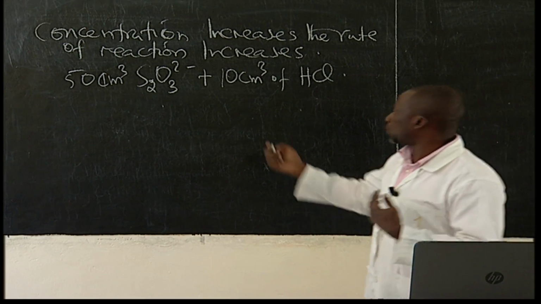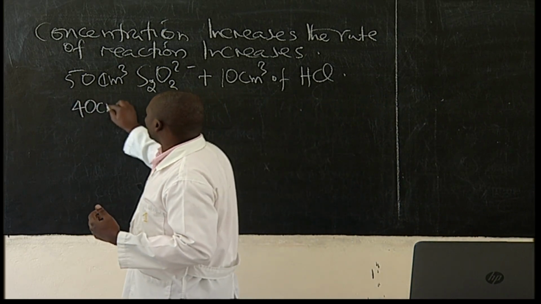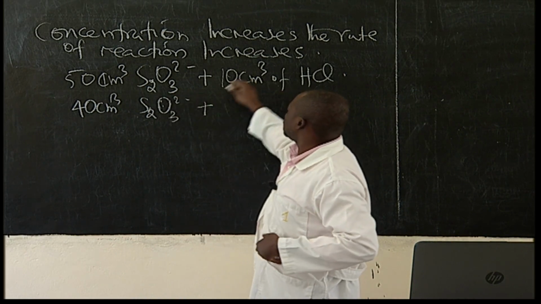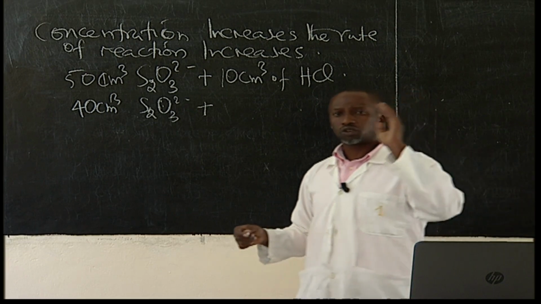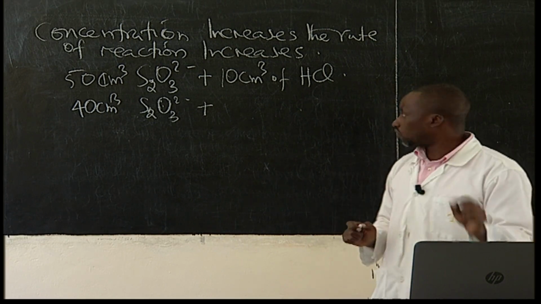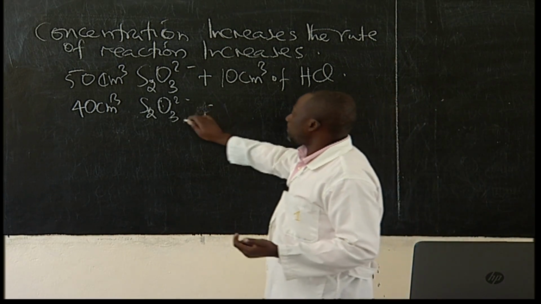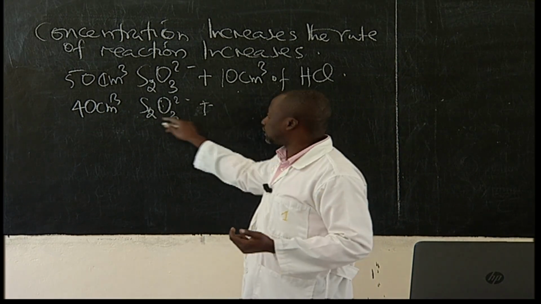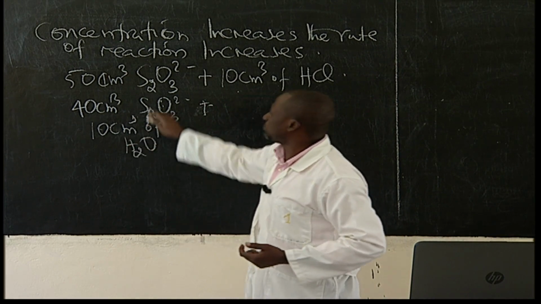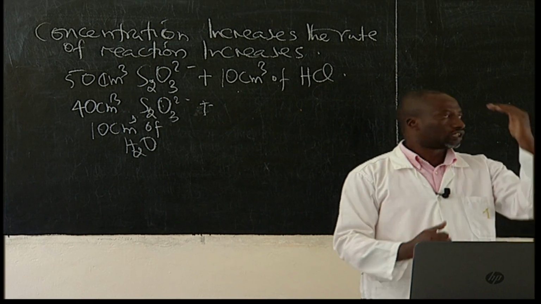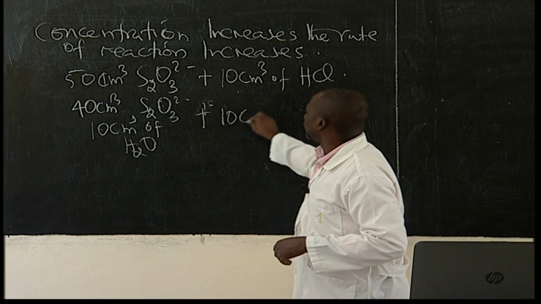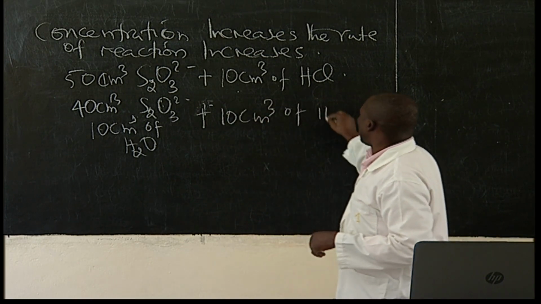In the second experiment, we reduced this to 40 cubic centimeters of the sodium thiosulfate, and it still reacted. The concentration of the acid is kept constant, which means the volume of the acid does not change. Before we added hydrochloric acid, we added 10 cubic centimeters of water, so the solution was diluted. Then we reacted the whole of this with 10 cubic centimeters of hydrochloric acid.